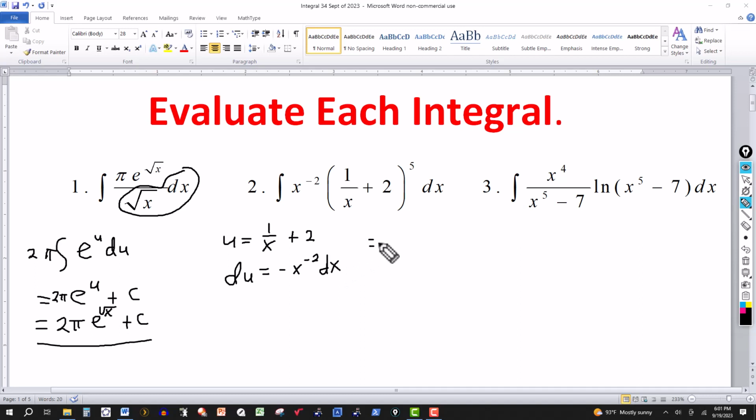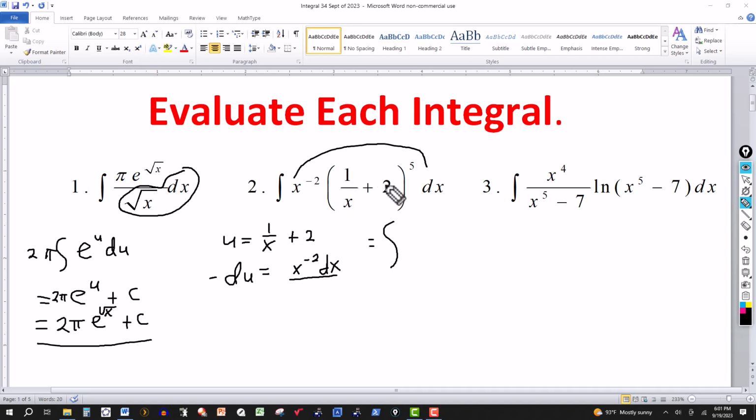And we rewrite this as the integral of, so this x to the negative 2 dx, that's equal to minus du, so let's multiply both sides by a negative. All I'm going to do now is replace the x to the negative 2 dx by minus du.